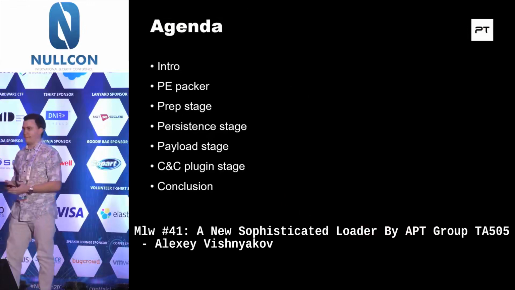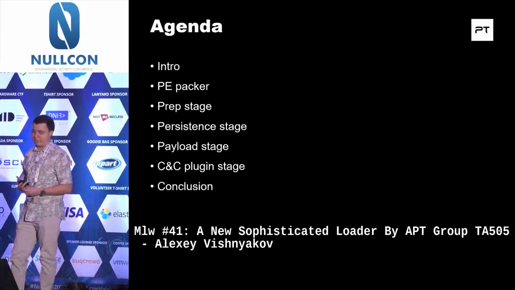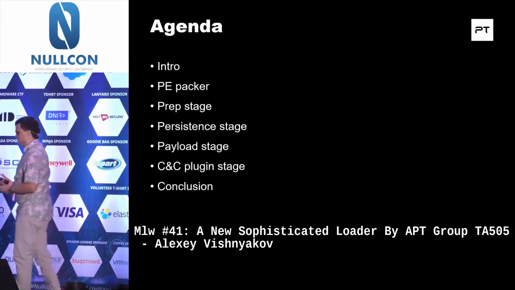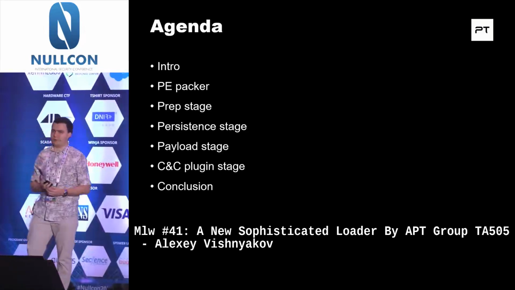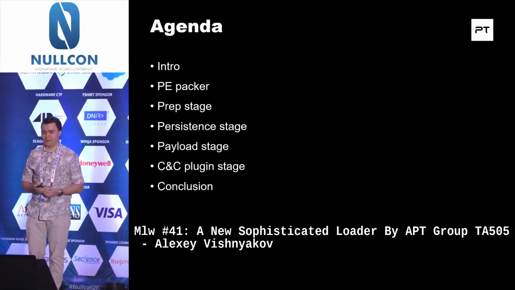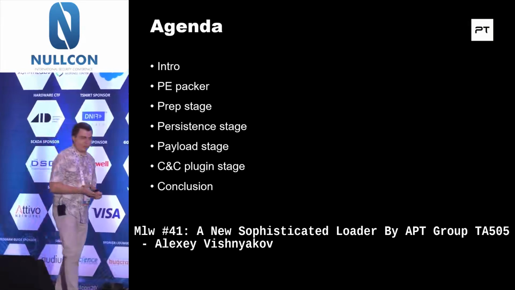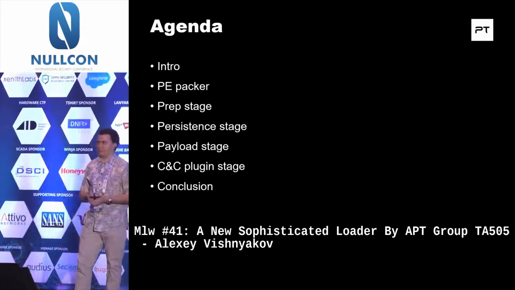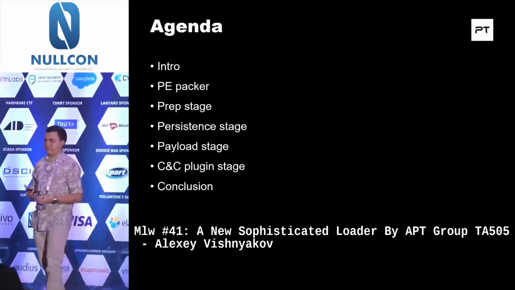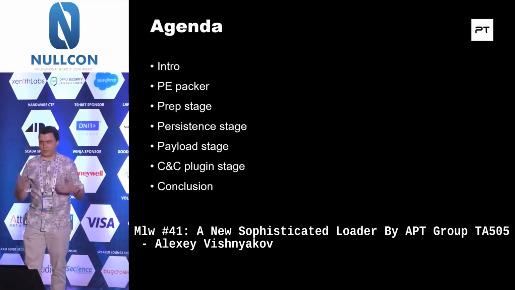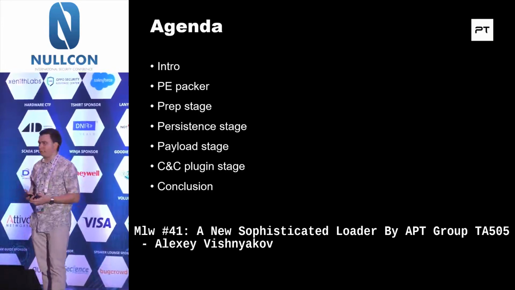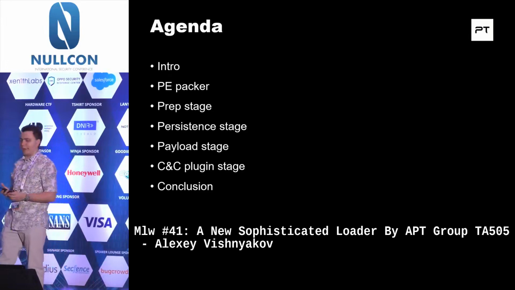Here is a plan of our journey. It will be a technical, hardcore research, so be patient. Be brave. We'll begin with a brief discussion of features of the TA505 group. Then I will show how our sample is packed.